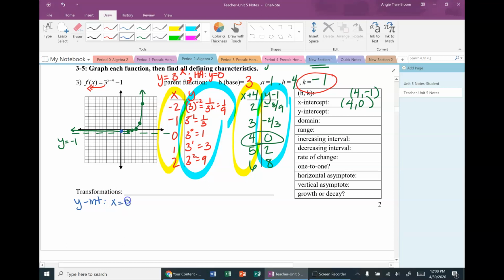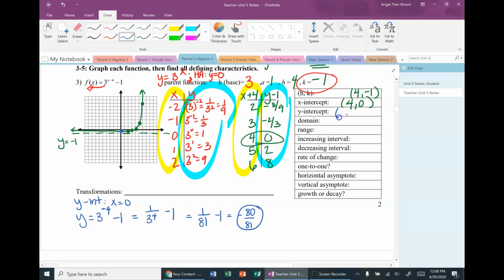X equals 0, so y equals 3 to the 0 minus 4, which is -4, minus 1, which is 1 over 3 to the positive 4, minus 1. 3 to the 4th is going to be 81, so 1 over 81 minus 1, which is going to be -80 divided by 81.